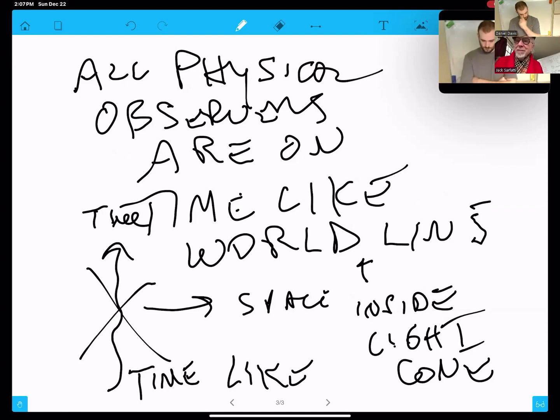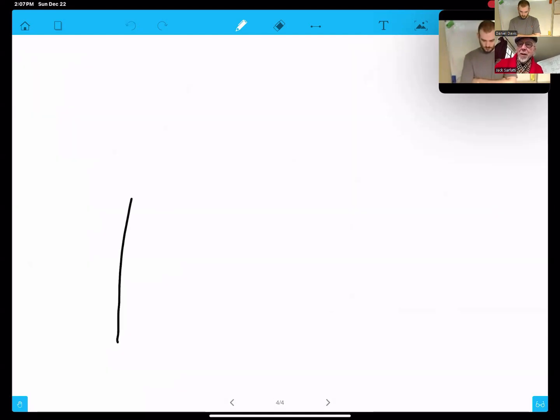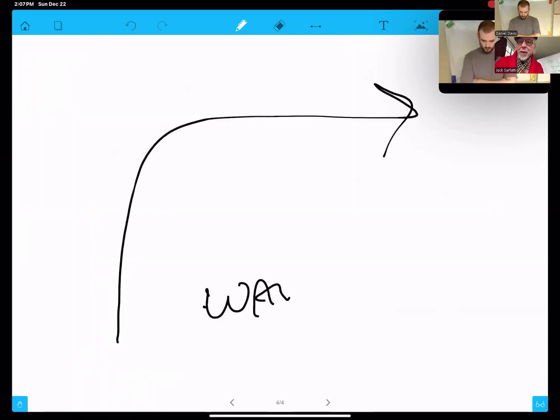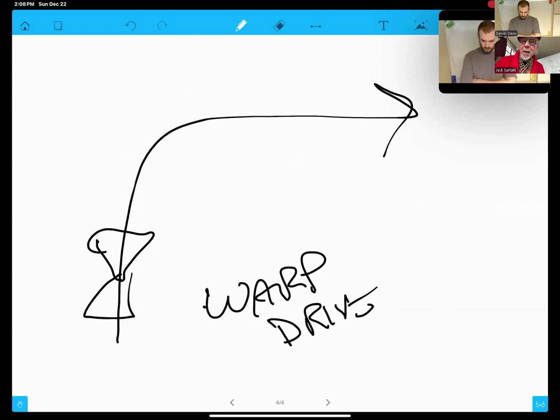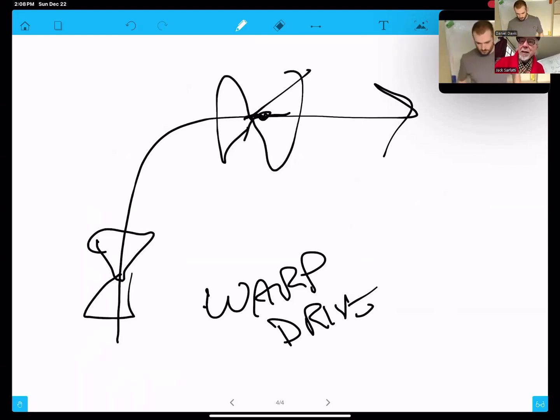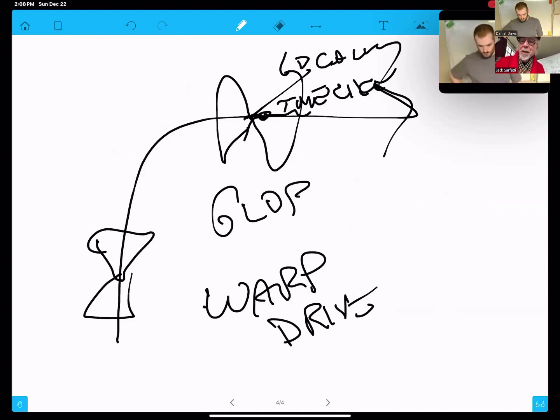But even in a warp drive, right? This is the warp drive, and here's a light cone, and here's a light cone. This is time-like, locally time-like, but globally FTL, faster than light.